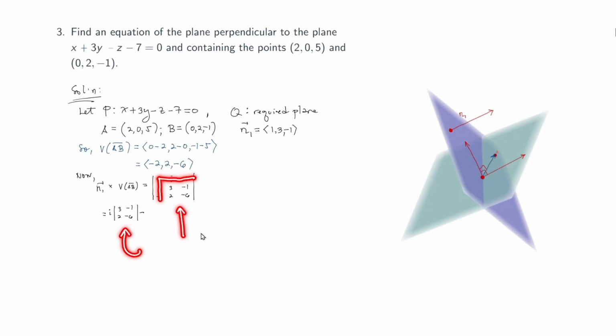Now, for the second term, you have j. You must take the negative for this one since it's found on the second column. And then you delete all those rows and columns in line with j. So the remaining constants are 1, -2, -1, and -6, which is equal to this one. For k, you take the positive and then remove these terms. Then you have 1, 3, -2, and 2. That's why you have this one.